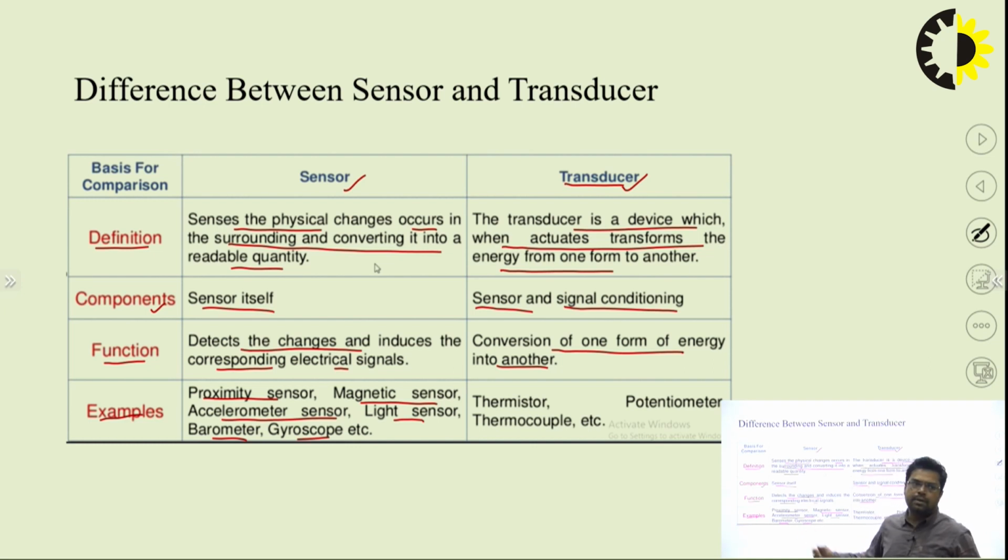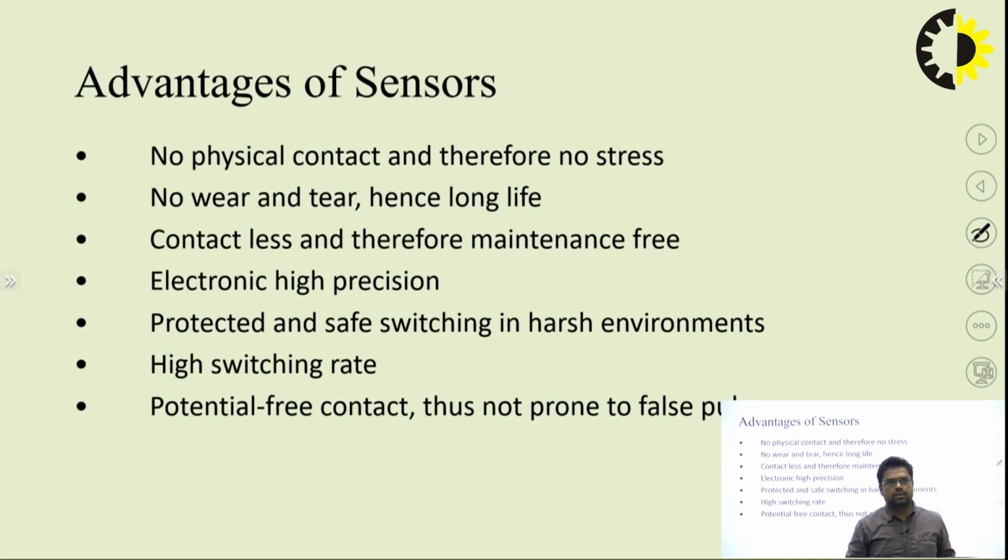These are the different types of sensors in general, regular use, or they can be used in industry. And there are other transducers like the thermistor, potentiometer, and thermocouple, through which we can convert one form of energy into another form of energy. So, these are the basic differences between sensors and transducers.